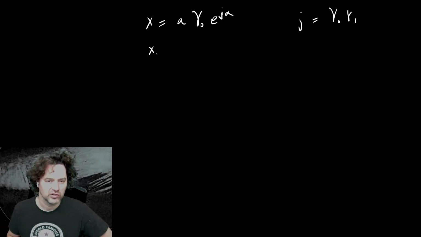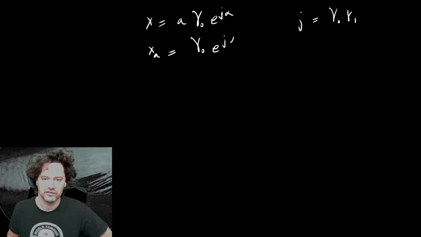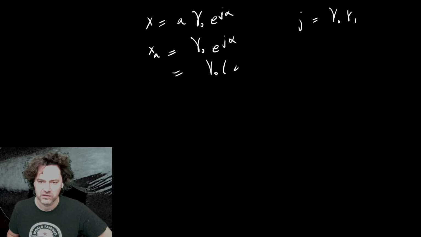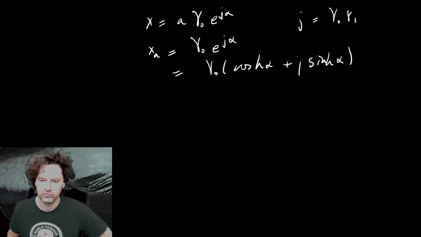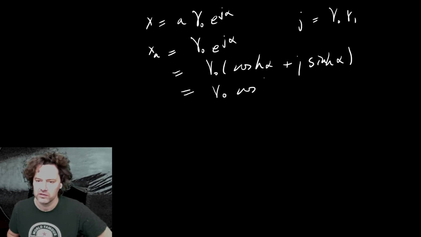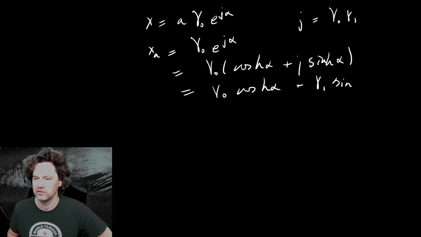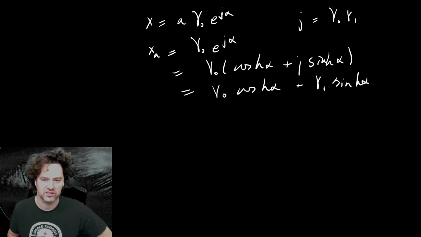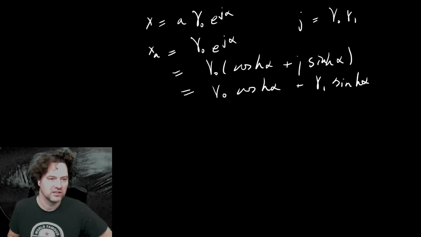So our curvilinear bases are gamma naught e to the j alpha, which incidentally is just gamma naught cosh alpha plus j sinh alpha, and that gamma naught j is gamma 1, so that's gamma naught cosh alpha plus gamma 1 sinh alpha. So this is our standard hyperbolic parameterization.